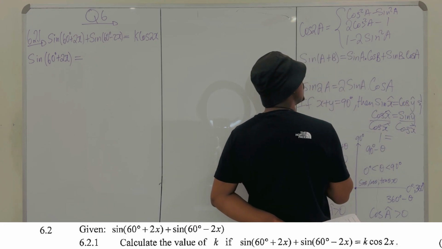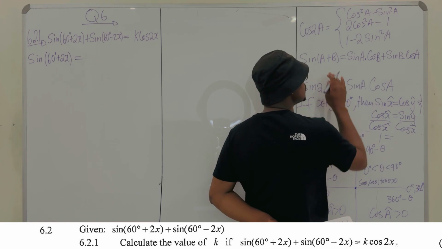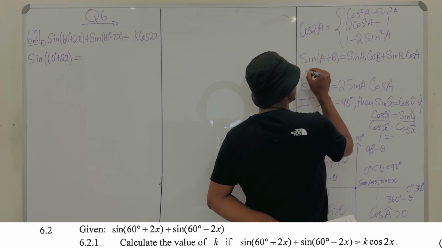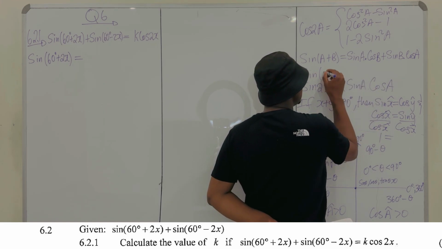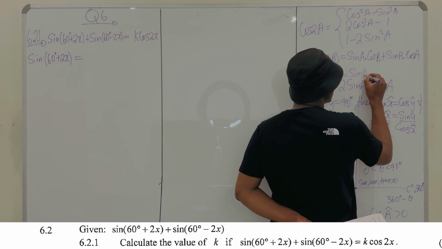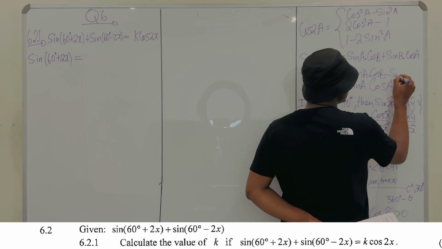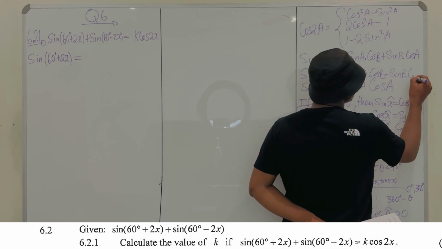These are your compound angle expansions, right? You know these identities. And if you have sine a minus b, it's going to be sine a times cos b minus sine b times cos a.